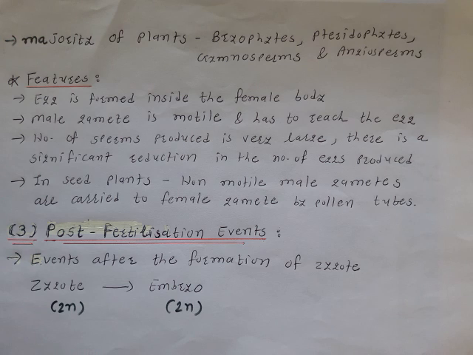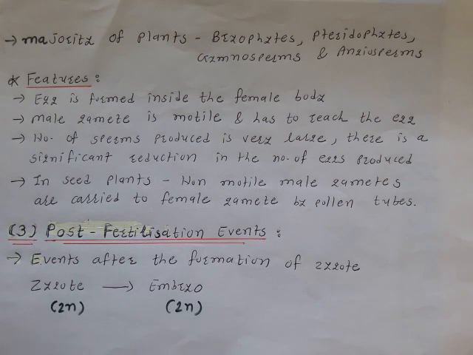Features of this type of fertilization. Here, the egg is formed inside the body of the female organism. Male gametes are motile. They have to reach the egg cell for the fusion process. During this fertilization, male gametes or sperms are produced in very large numbers.